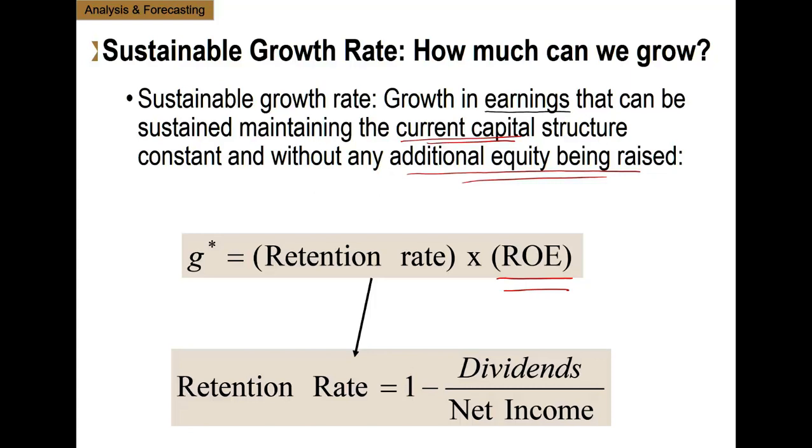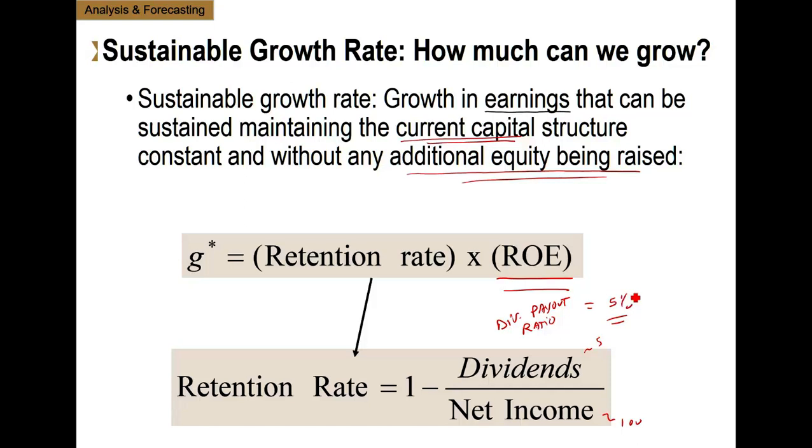So think of it this way. Retention rate is basically 1 minus the dividend payout ratio. This is called the dividend payout ratio. If our net income is 100 and dividends are 5, then the payout ratio in my example will be 5%.